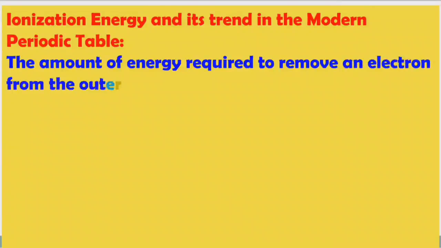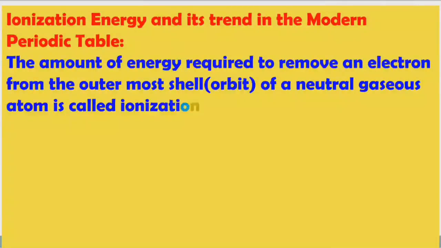The amount of energy required to remove an electron from the outermost cell of a neutral gaseous atom is called ionization energy. Already we learned that every atom contains a nucleus and electrons revolve around the nucleus in an orbit, also called a cell.